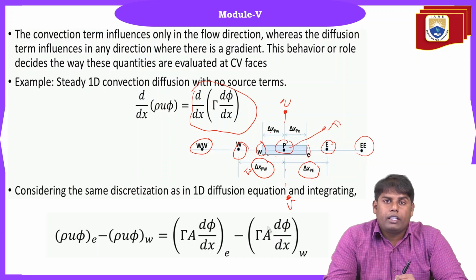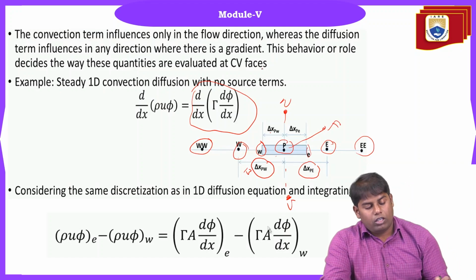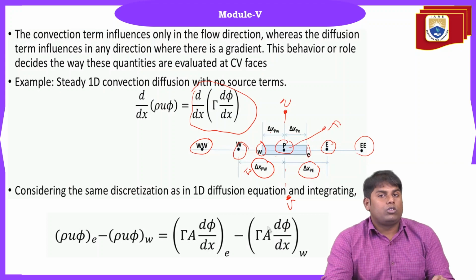So you can take it this way. When we have a 1D element, we have only west and east nodes. When we have a 2D element, you have west, east, north, south nodes. When we have a 3D element, we have back and front. Fine. So this is what we have seen for single source term.